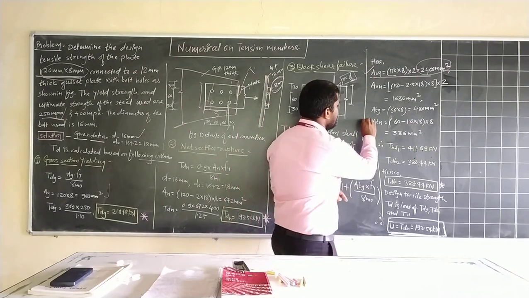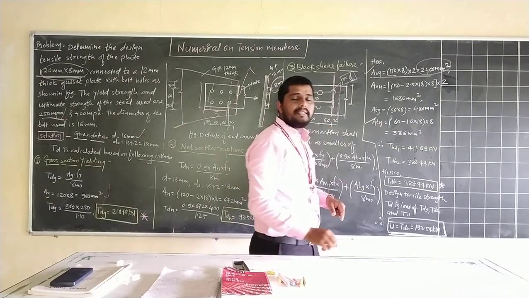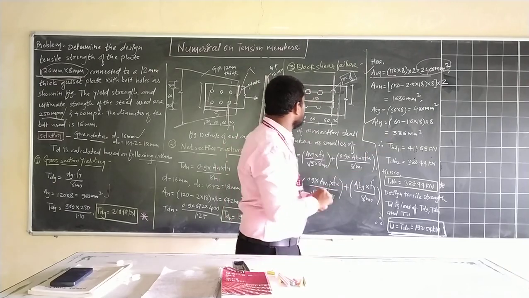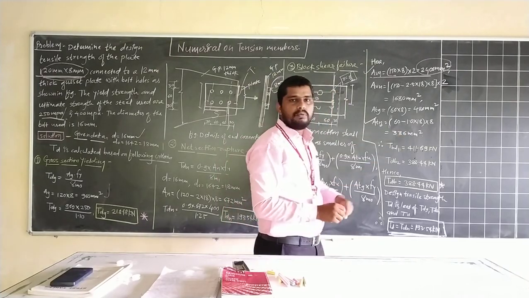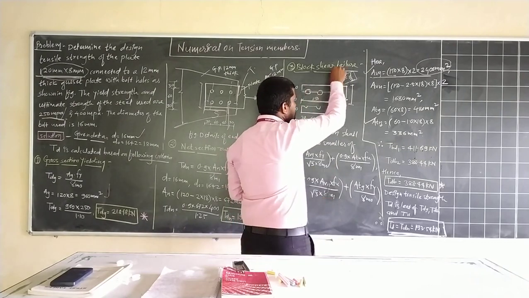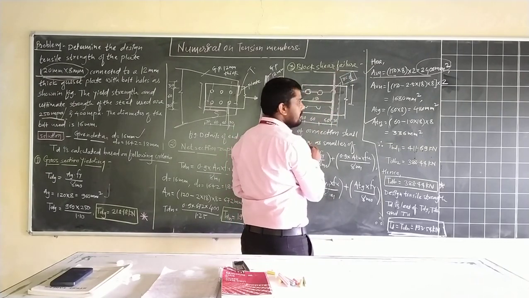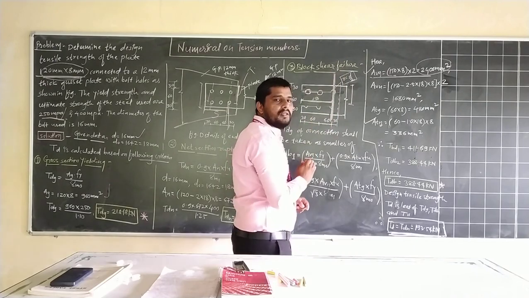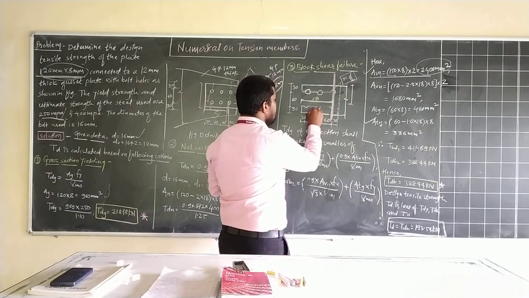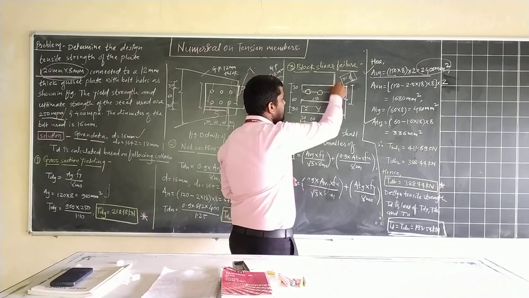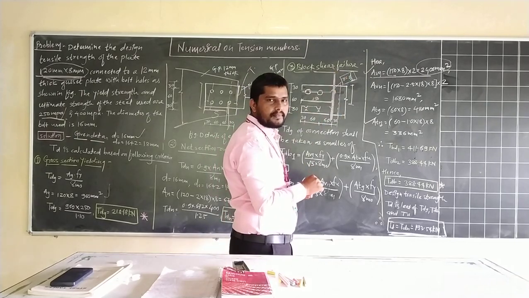Next we have to find the net tension area, ATN, which is equal to 60 mm, the pitch distance, minus the number of bolts we are going to consider. This is under the tension area, so for this column of bolts we consider only this outermost bolt.